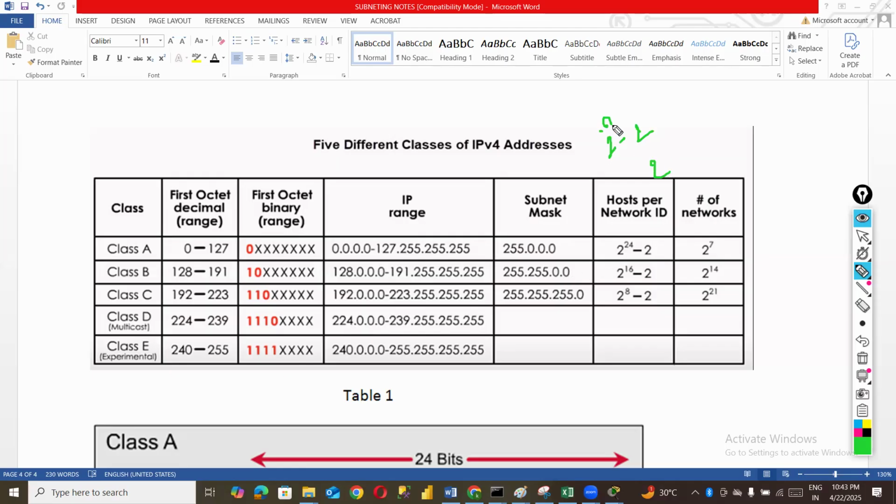This n is replaced with the number of host bits, or host octets. So in class A, we have one network octet and 3 host octets, right? So 8 plus 8 plus 8, how much? 24. 24 minus 2, right?